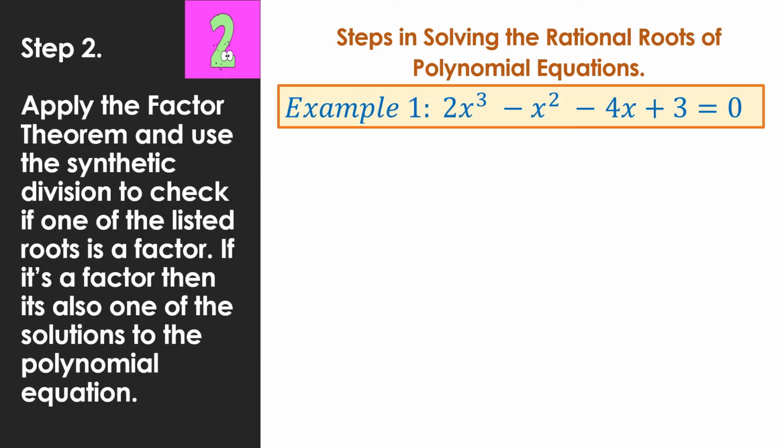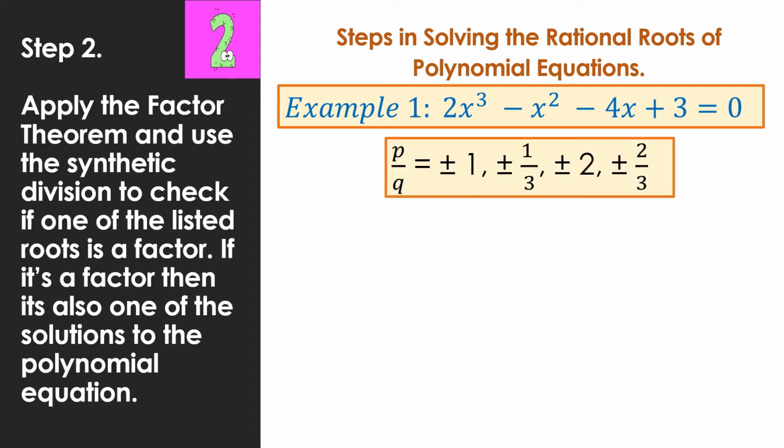Now let's proceed to our step number 2. Apply the factor theorem and use synthetic division to check if one of the listed roots is a factor. If it's a factor, then it is also one of the solutions to the polynomial equation. Again, the p over q or the possible roots are positive negative 1, positive negative 1/3, positive negative 2, and positive negative 2/3.